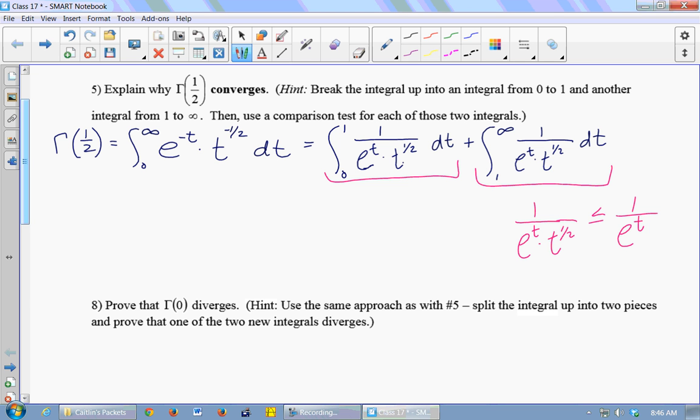So as I go from 1 to infinity, both of these factors are getting bigger, which means that the product of the 2 is going to be bigger than just one of them. Okay, so this denominator, e to the t times t to the 1/2, is bigger than just e to the t, which means this whole fraction is smaller. Bigger denominator, smaller fraction. Okay, and we know that this guy converges.